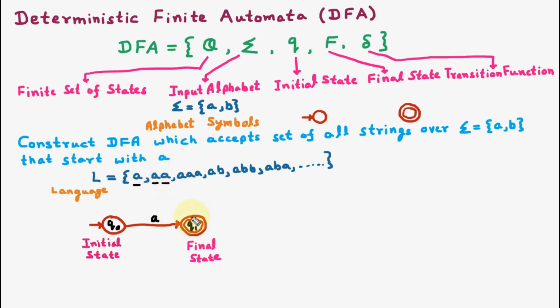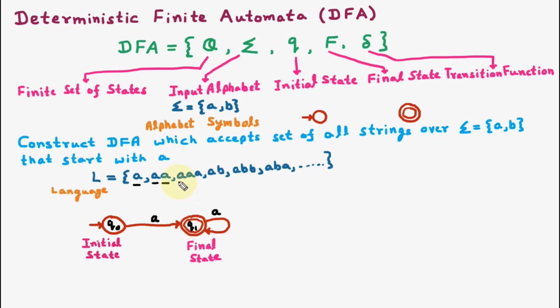That means whenever we are on Q1 and A comes again, from this Q1 we are coming back to the Q1 because this is the final state. So for first A we will move from Q0 to Q1, and for second A we are coming back to Q1. That means we are on the final state and this will be accepted.